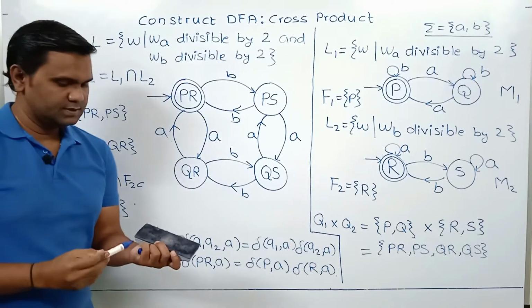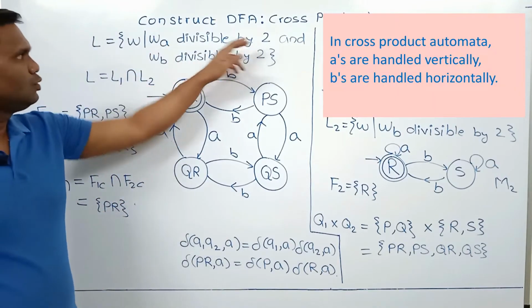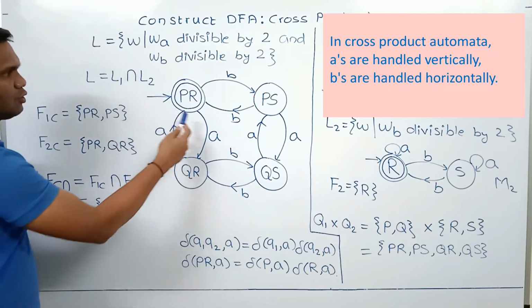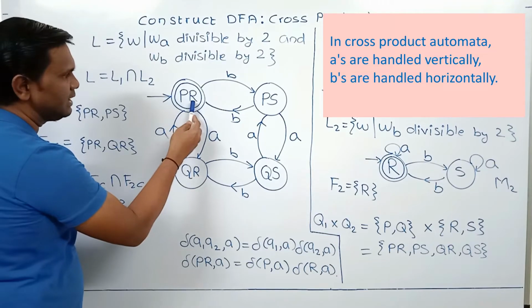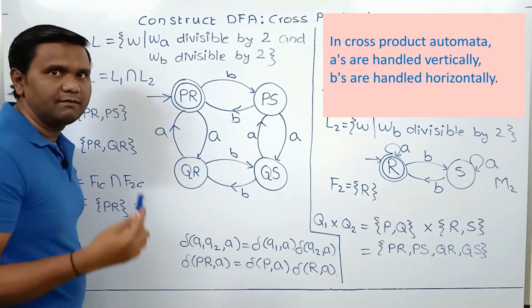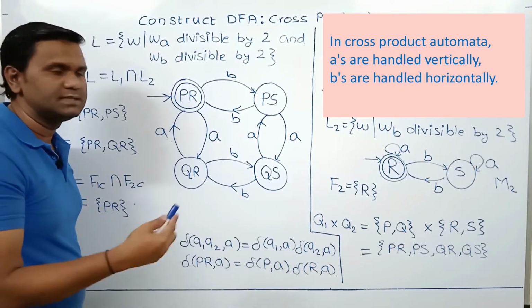So what is the meaning of this automata? The condition is the number of A's divisible by 2 and the number of B's divisible by 2. If we consider state PR, whichever string ends in PR will have the number of A's divisible by 2 and the number of B's divisible by 2.